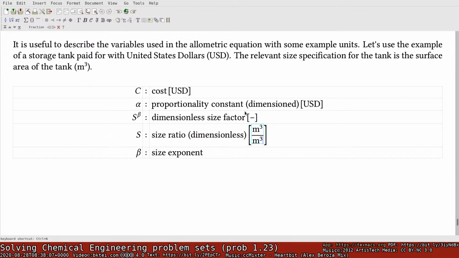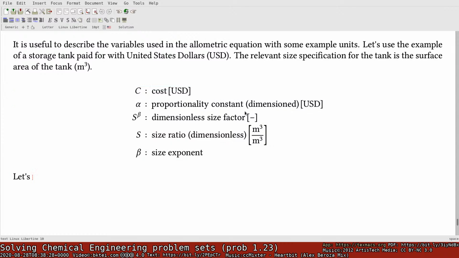So it will be effectively dimensionless, but it allows us to insert something. So the top cubic meter unit, that comes from, well, let's see. Let's define the size ratio.